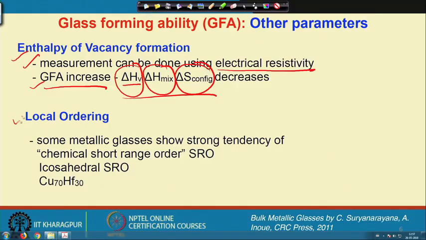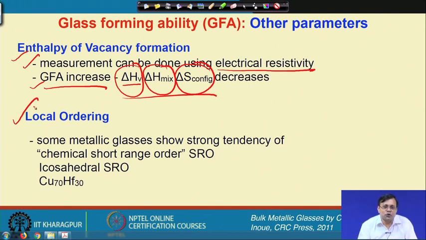Now, in some cases it has been observed that the local ordering in the short range order is also linked with a better glass forming ability. In some cases it has been observed that the chemical short range order is also important. What I want to say is that I have two different types of atoms making that short range order, and so whether a preferred chemistry is required in that short range order to give the stability.